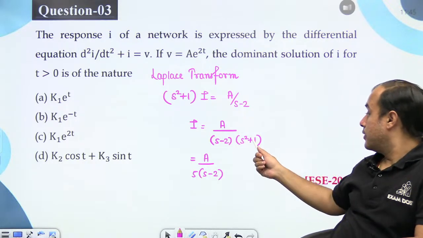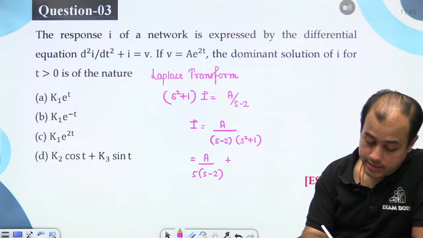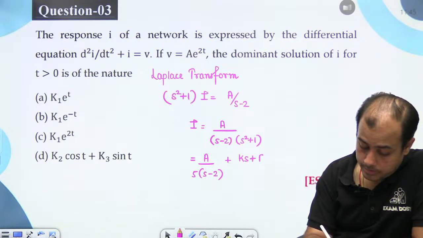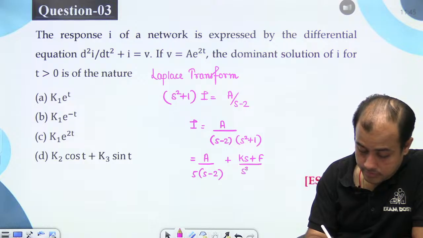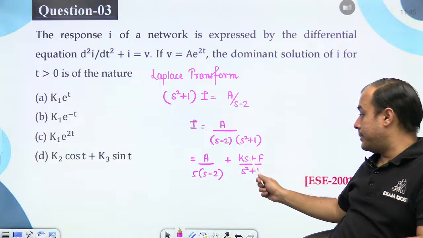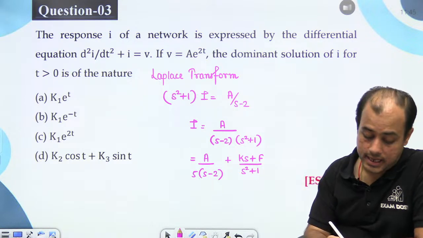And then what about S square plus 1? We can say KS plus suppose F. Now this term will give me cos and this will give me sine.